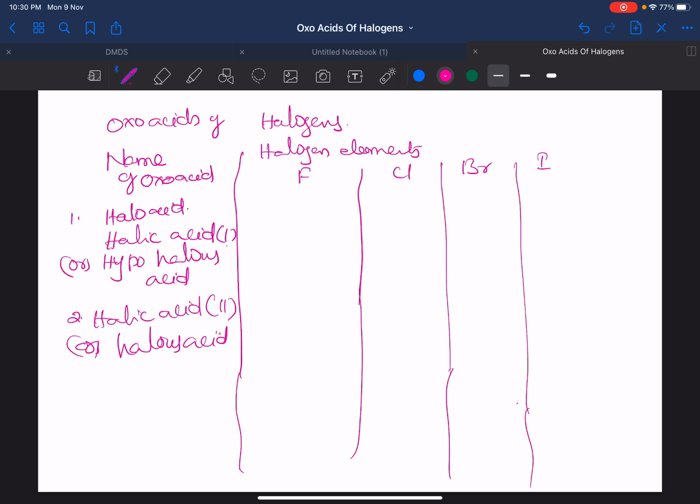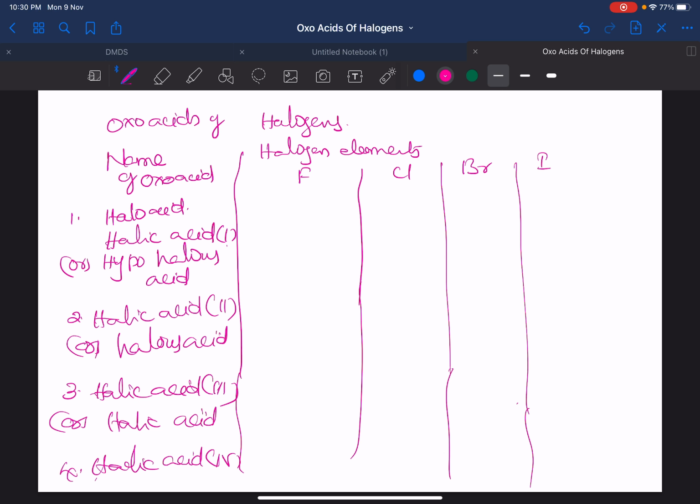Number 3 is halic acid 3, also called halic acid. And the fourth one is halic acid 4, also called perhalic acid. So we will now look at the structures for each halogen atom.